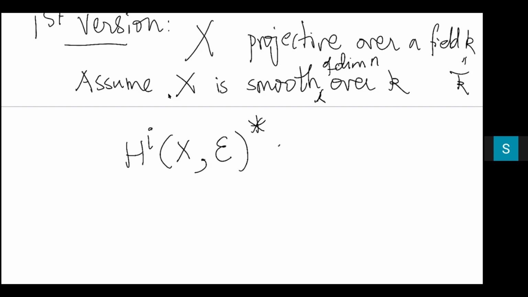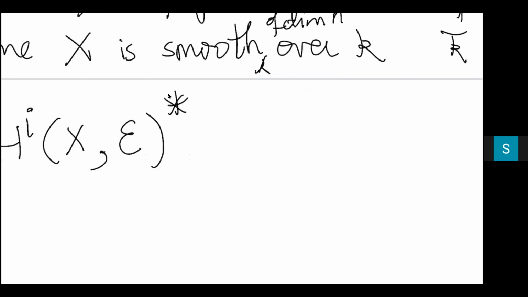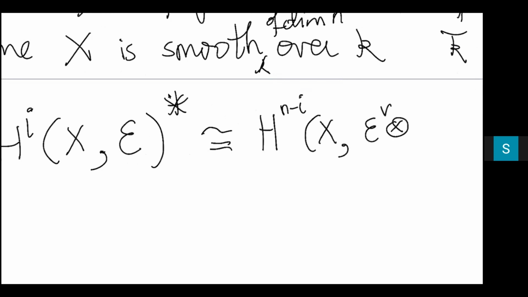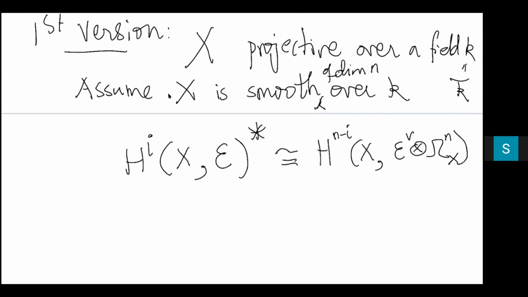This is again the cohomology of E over X, is isomorphic to Hn-i X, and then you dualize E, and then look at nth omega. Okay, so that's what it is.